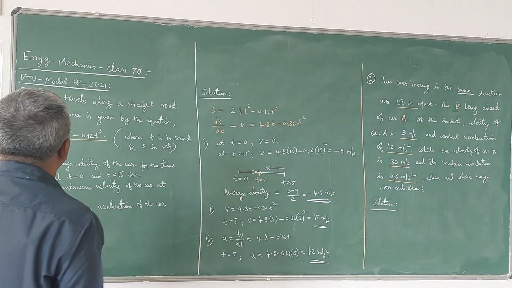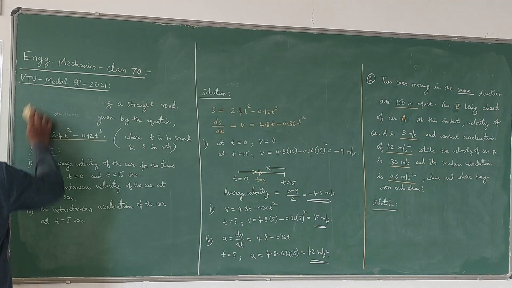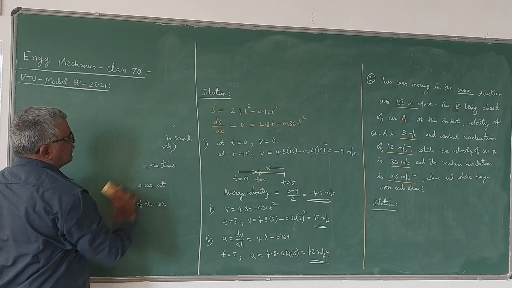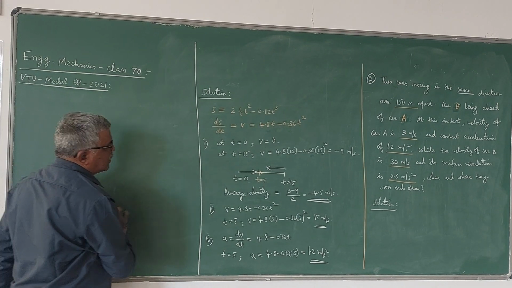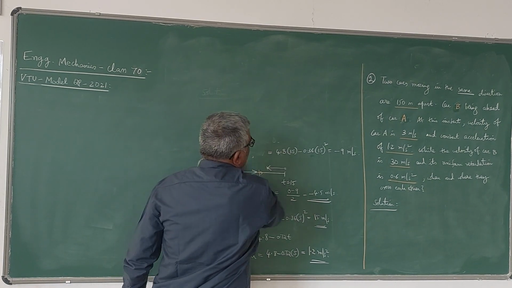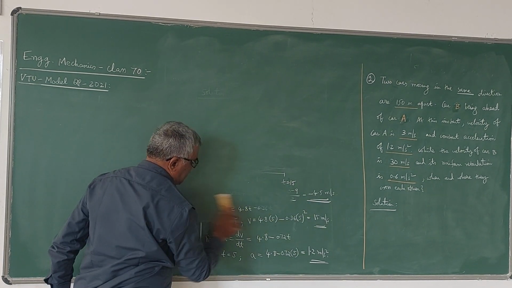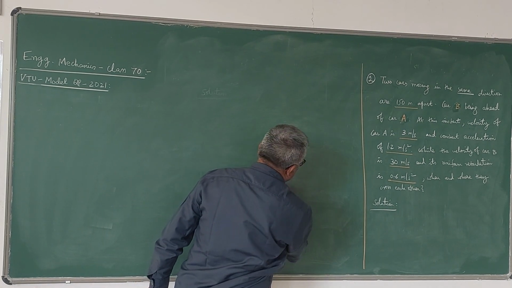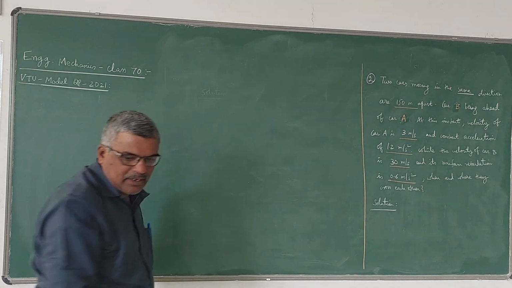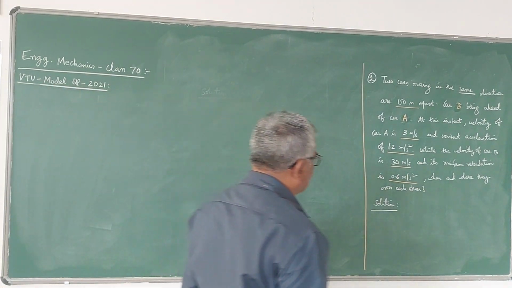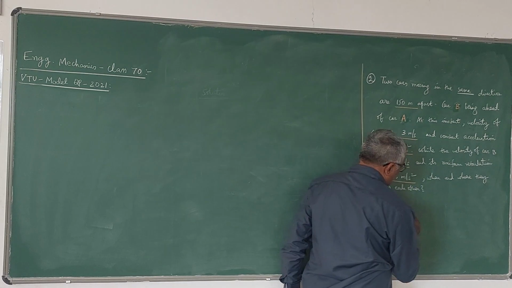Now the solution. First we will understand it, we will write the line diagram for the motion of the two cars. Since the cars are traveling along the same straight line, the linear motion equations can be adopted to solve the problem here. So let us write down the data given using notations.